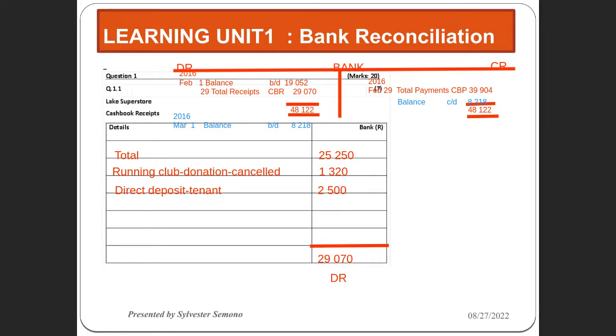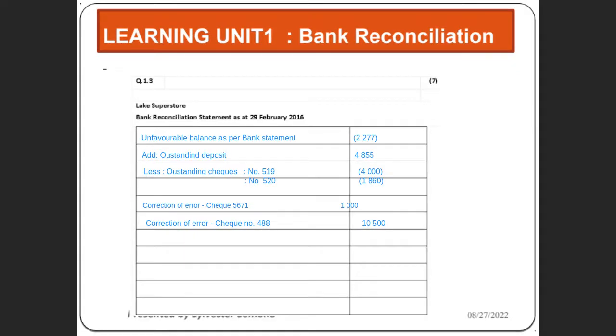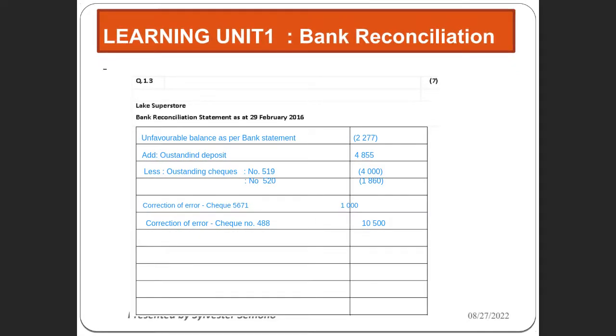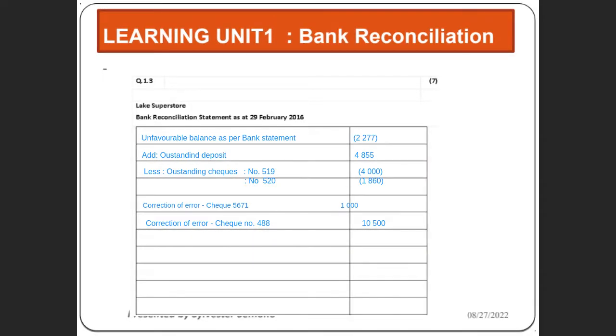So it is on the debit side, meaning it is favorable, 8,280. So I'm going to put it as favorable by the amount of the bank. I'm just going to say favorable balance as per bank account.